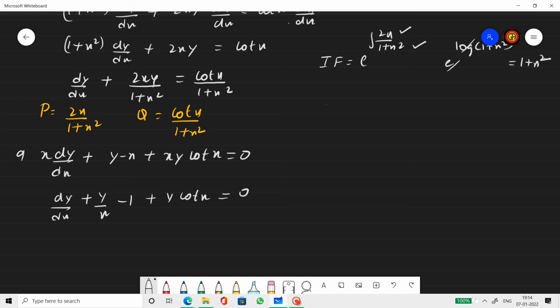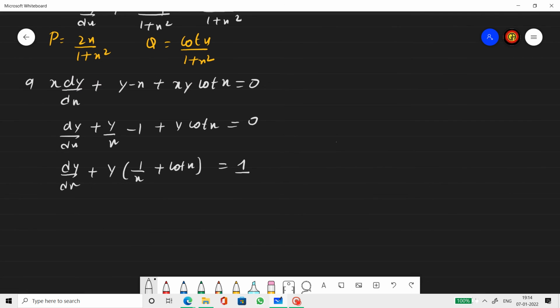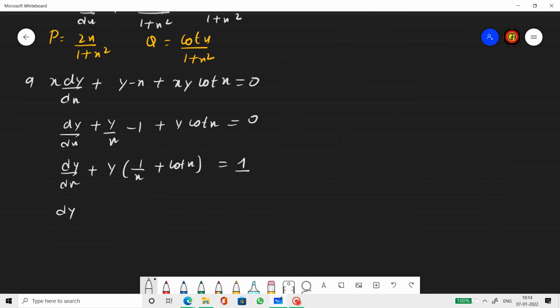Now group the y terms: dy by dx plus y times of 1 by x plus cot x equals 1. So now this is in the form of dy by dx plus Py equals Q, where P equals 1 by x plus cot x and Q equals 1.